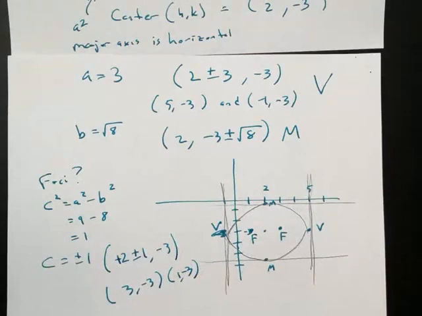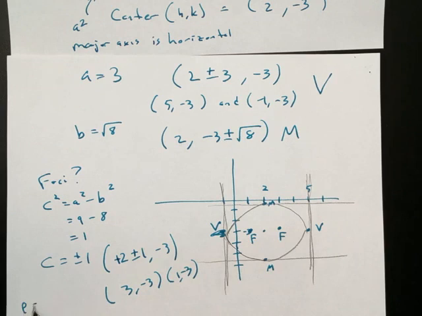Notice those foci are pretty close together. This is a mostly round ellipse as opposed to a stretched ellipse. The eccentricity of this ellipse is 1/3. The closer it is to 0, the more this looks like a circle.